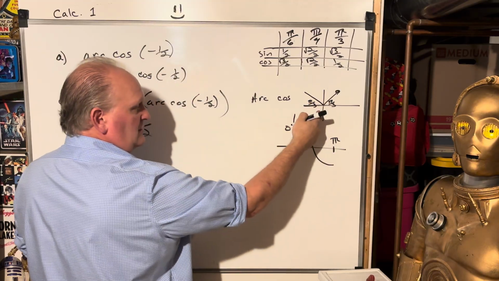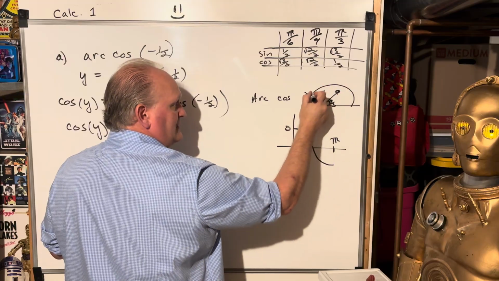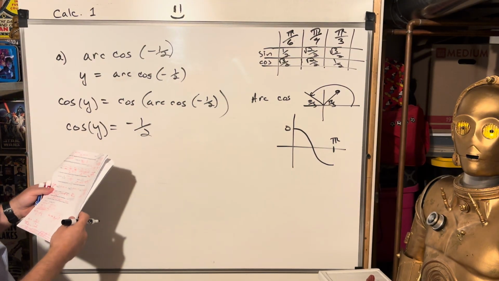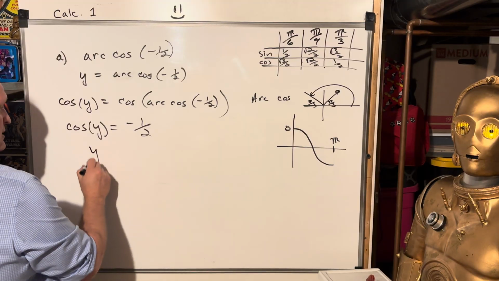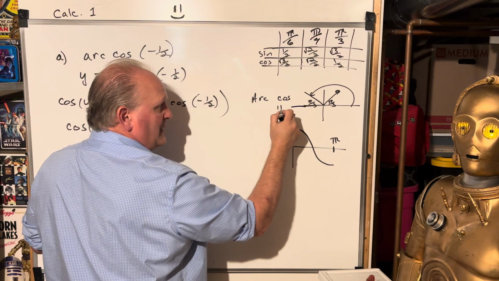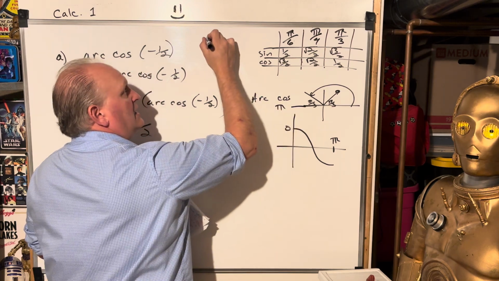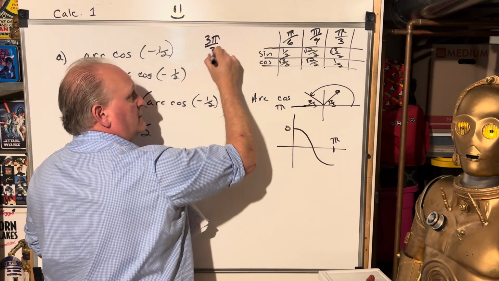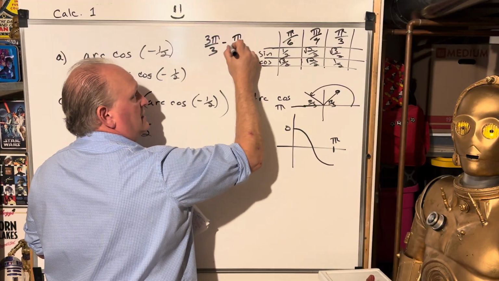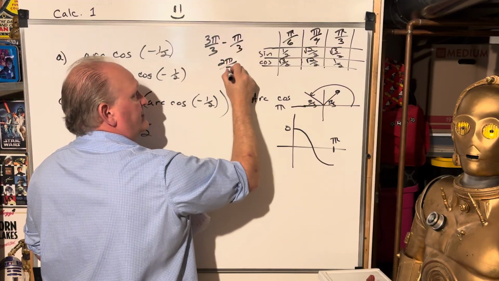So when the reference angle is pi over 3, what is this angle? So y is going to equal, remember this is pi, so that's 3 pi over 3 minus pi over 3. So 2 pi over 3.